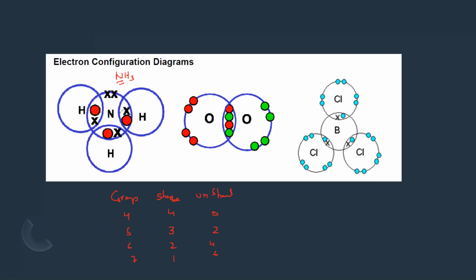You can see the 3 electrons the nitrogen shares, we represent by a cross, and hydrogen has 1 electron, so it will share that 1 only. So this is the electron of hydrogen. There is no unshared electron for hydrogen because it has only 1 electron. But nitrogen belongs to group 5, so it shared 3, so unshared should be 2. You can see the 2 unshared. So they have a single covalent bond.